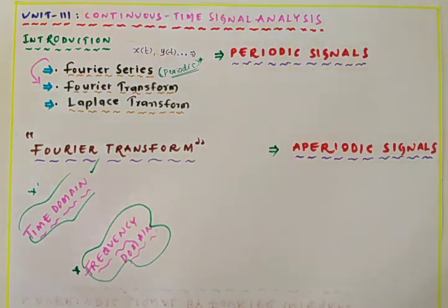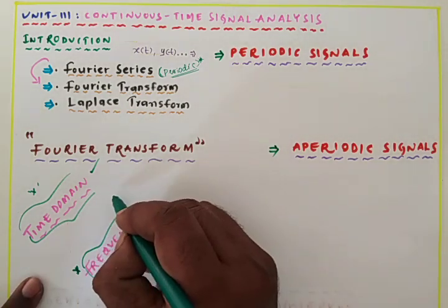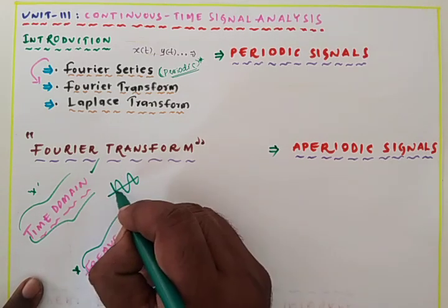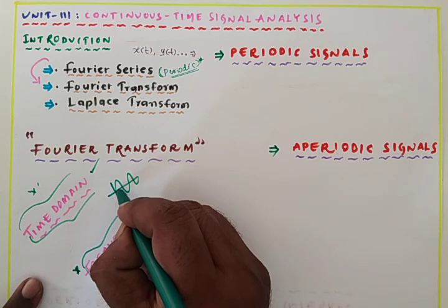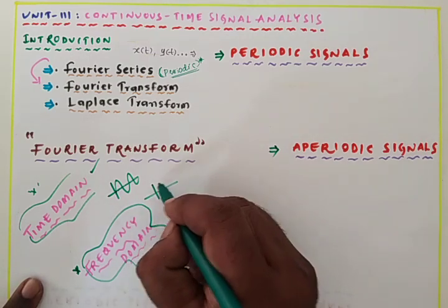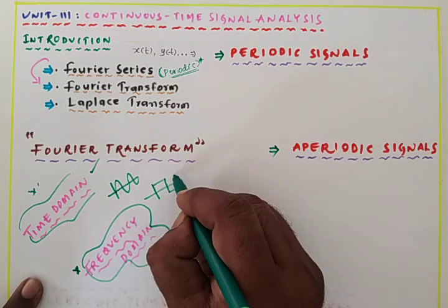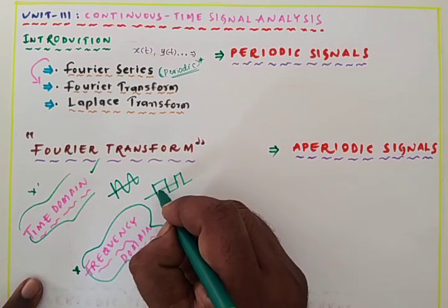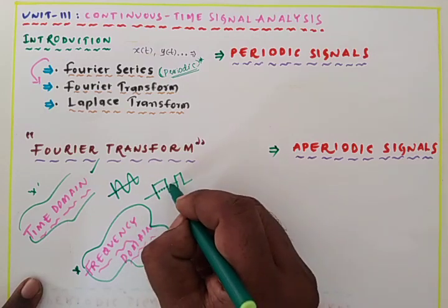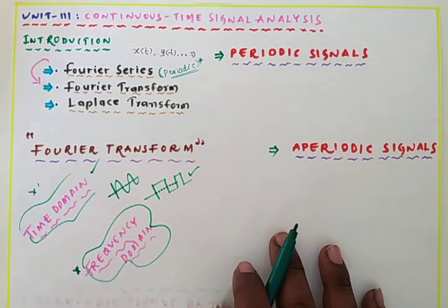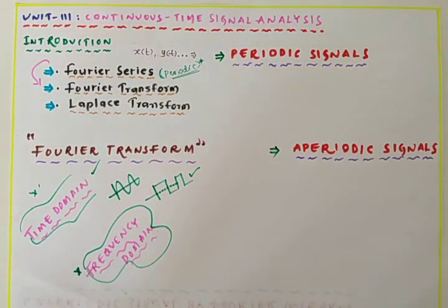That means in case of a continuous time signal, for every real value of time, we have one particular value of the signal. For example, if you go with the square signal, this is a continuous time signal. For every real value of the time, we have the signal. This type of signal representation is called a time domain signal.